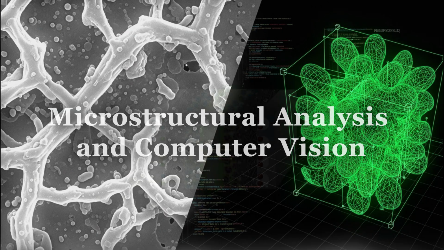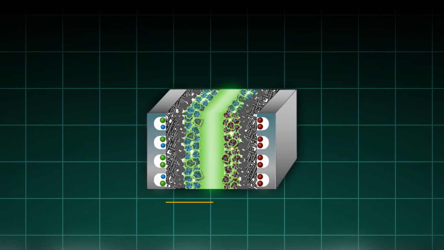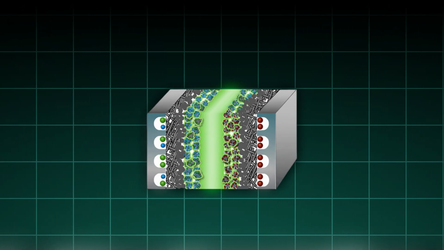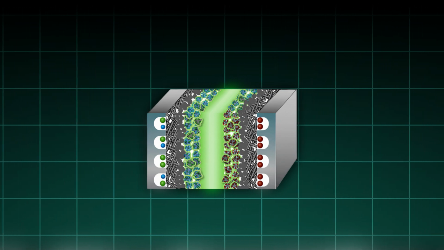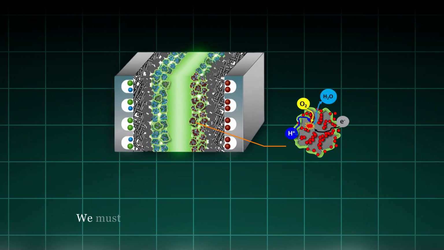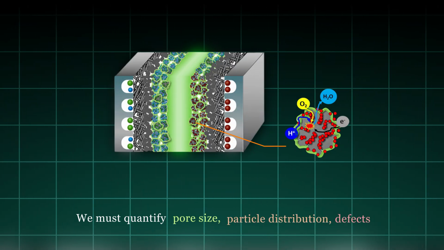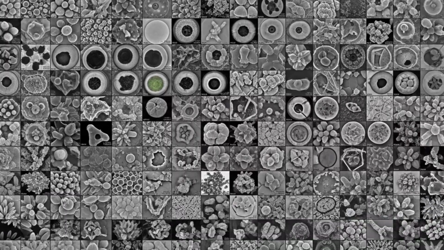Phase 2 is microstructural analysis and computer vision. This is where deep learning shines. Fuel cells and electrolyzers rely on the membrane electrode assembly. It's a complex lasagna of porous transport layers and catalyst layers. To understand performance, we must quantify pore size, particle distribution, and defects. Doing this manually on thousands of SEM images is impossible.